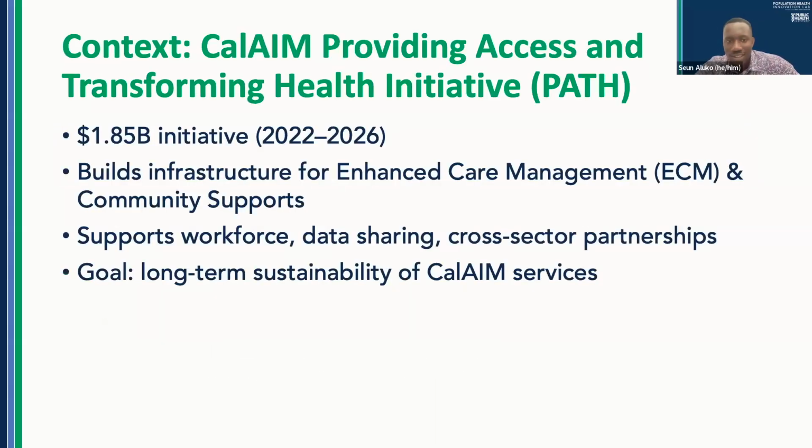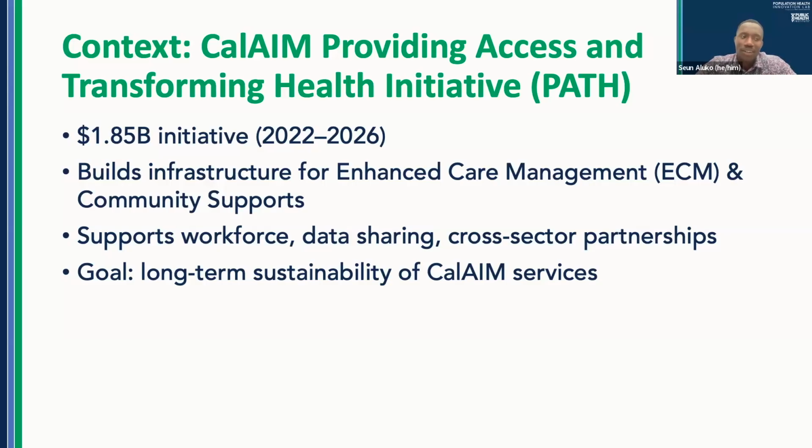I know not everyone in the chat right now is from California, so I figured I'd give a brief background on the content before I jump into the mapping piece. The CalAIM Providing Access and Transforming Health Initiative is what I'll be focused on today. We call it PATH for short. This is a 1.85 billion dollar multi-year investment from 2022 to 2026, with the goal of creating infrastructure needed for enhanced care management and community supports to succeed and last.